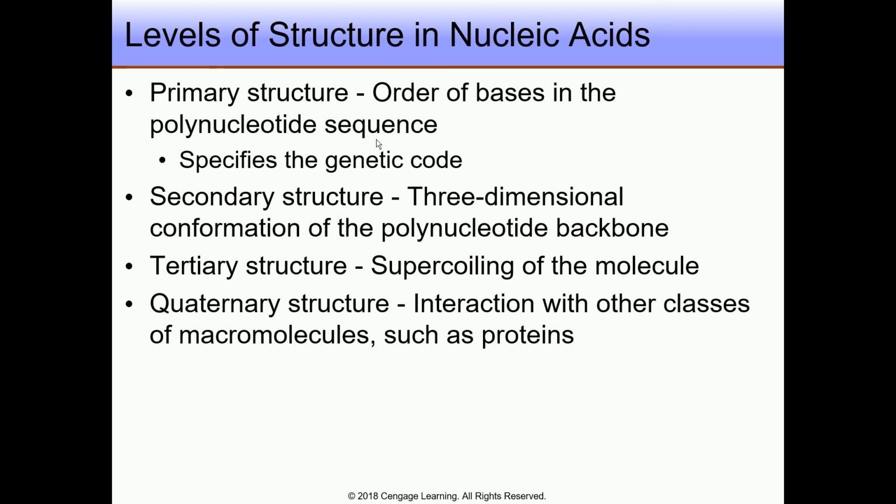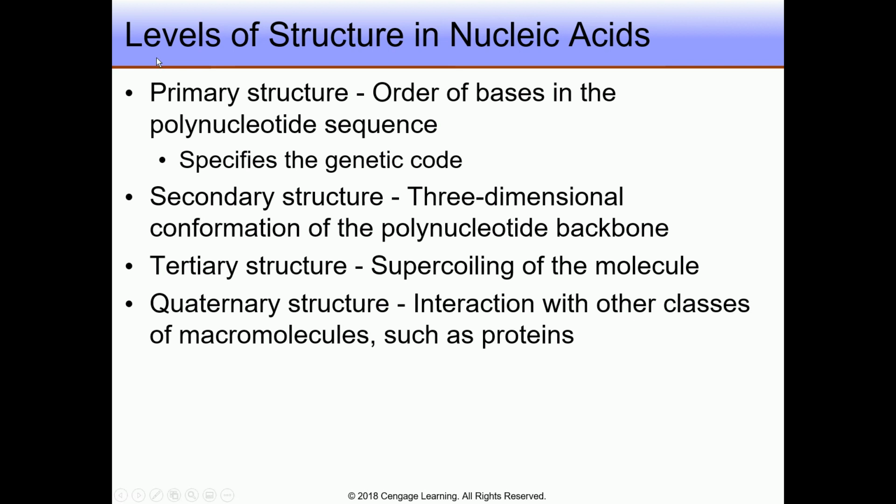The important thing to remember here is that nucleic acids are polymers, and the monomer of a nucleic acid is called a nucleotide. I'm going to talk about the structure of the nucleotide. In the nucleotide, we have some nitrogenous bases, and the order of these nitrogenous bases makes the primary structure of the nucleic acids.